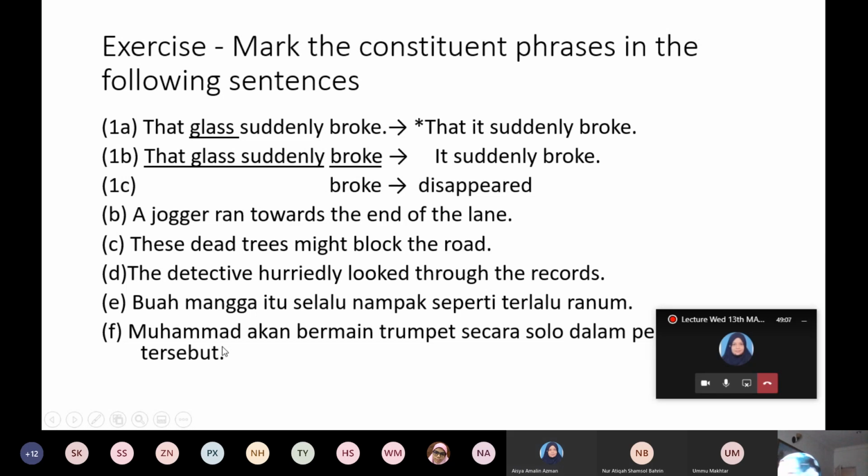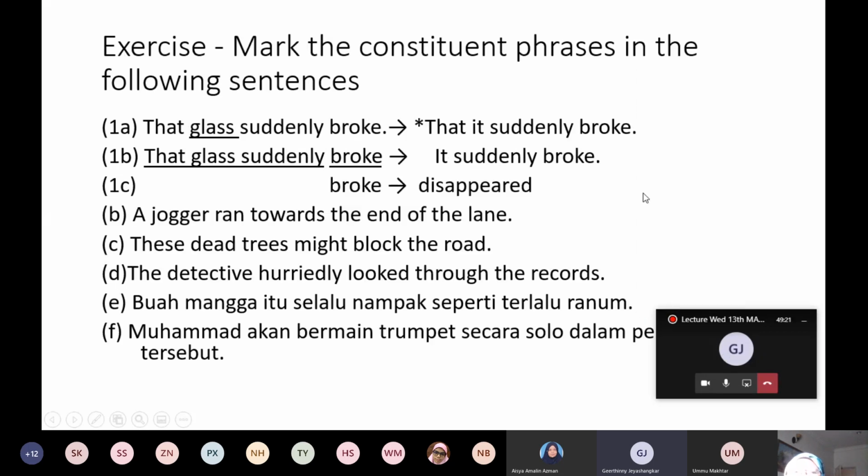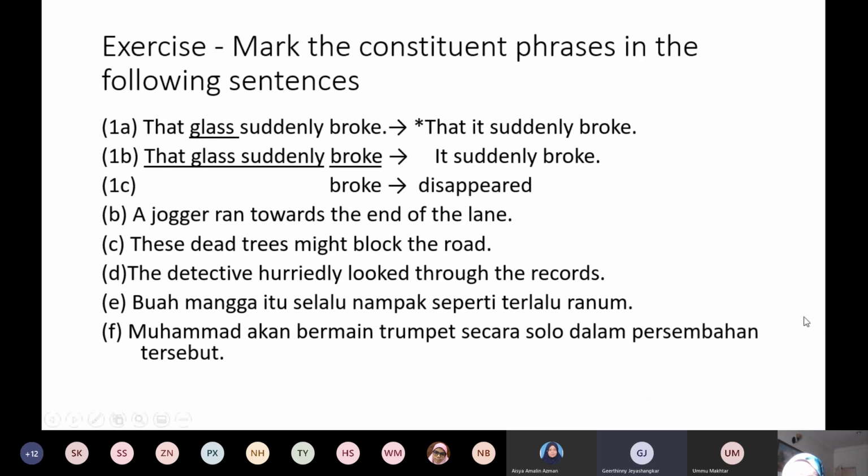Gertini, you want to do E? Yes, doctor. Buah mangga itu is a constituent, and terlalu ranum is also a constituent because we can replace it with another word like sedap, so sangat sedap or something.